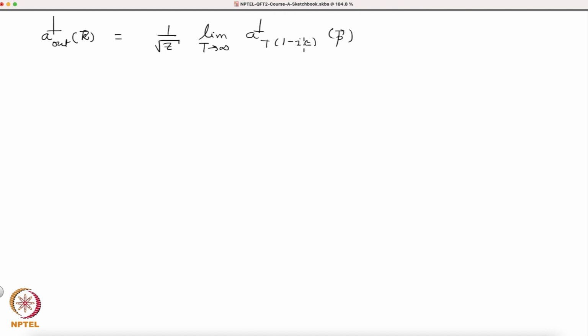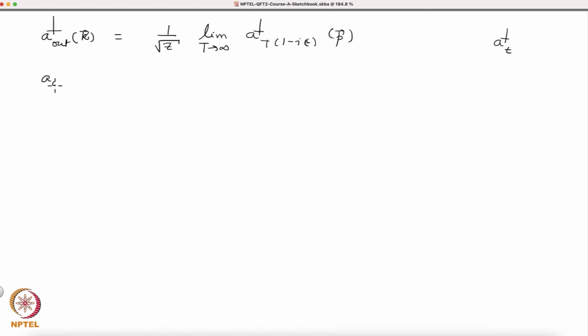Okay, so if you were to discard iε, this is basically a dagger at a very large time. Remember, we had this operator a dagger of t, and in this operator we have to put T times 1 minus iε, where epsilon is positive, and take capital T to infinity, and that's the definition of a dagger out.